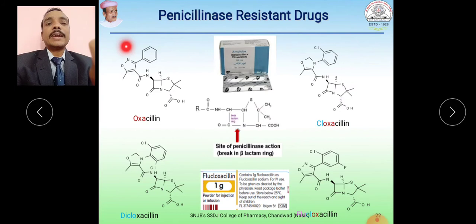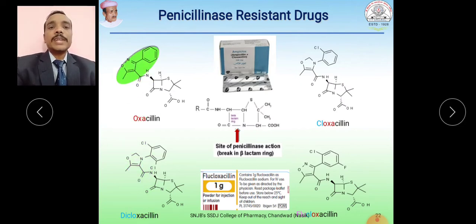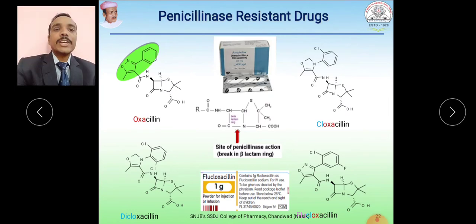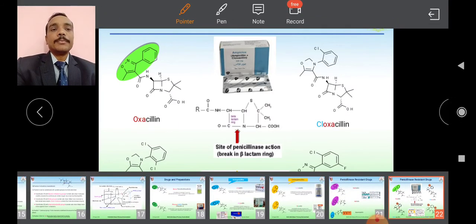After CO we directly attach this oxazole, and this oxazole is substituted with a benzene ring and another here methyl. So that is an oxazole. If you know this structure, it will be easy to get this second molecule, this third molecule and this fourth molecule. Likewise you will get the next four molecules. So you should know the structure of oxacillin.